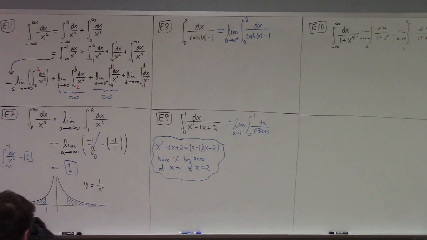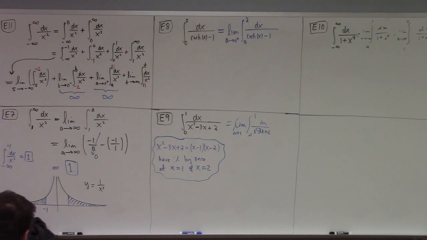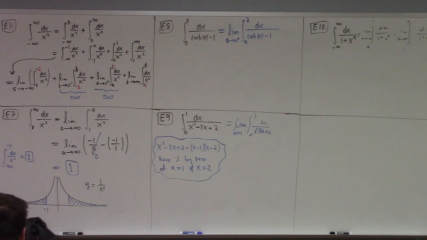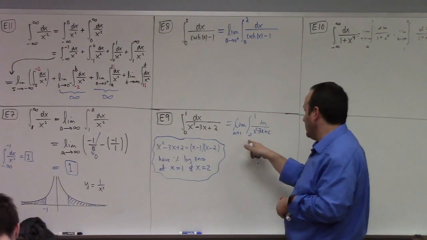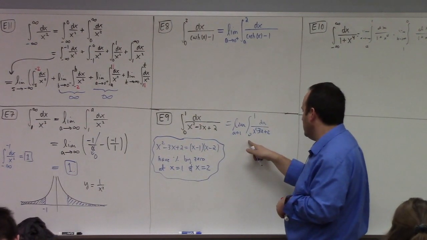But does division by 0 at x equals 2 matter to us here? It does not, because the integral is from 0 to 1. But what does matter is that x equals 1 is a point of contention, isn't it? So there we need a limit, as you have said, limit as a goes to 1 of the integral from, what?